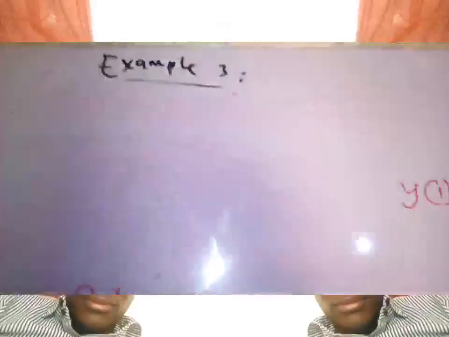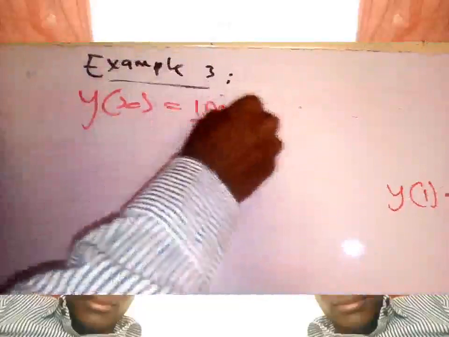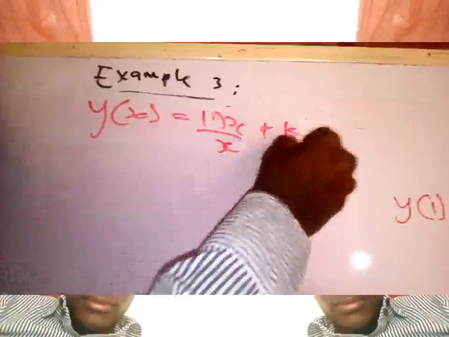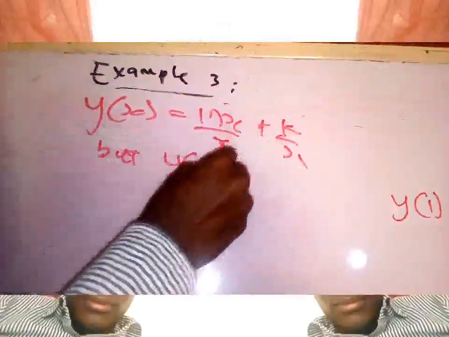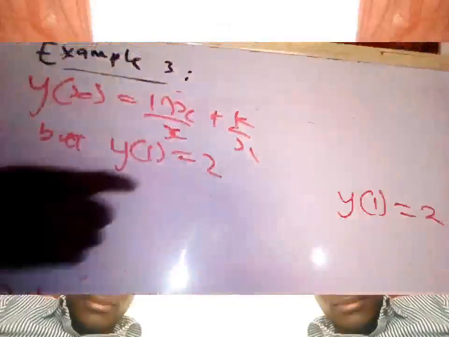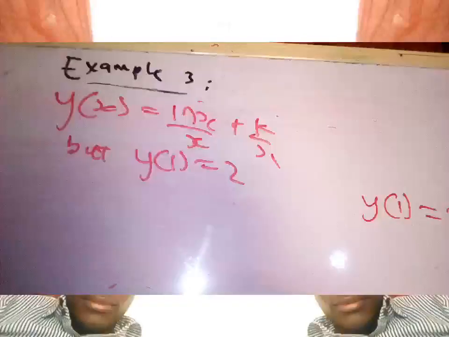Okay, now let's go. Remember, the solution is y of x equals ln x over x plus k over x. But remember, y of 1 is equal to 2. That means when x is 1, the solution is equal to 2.